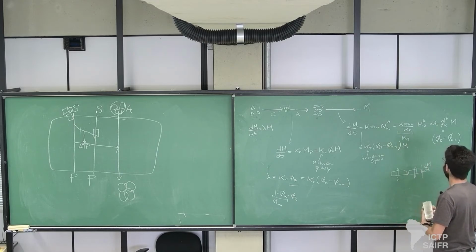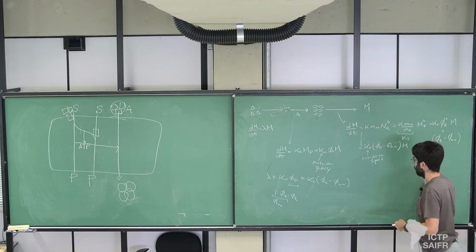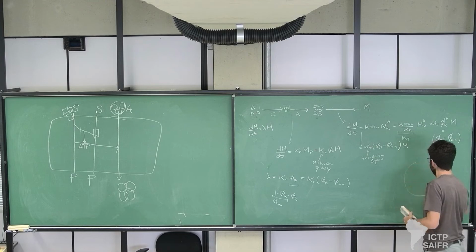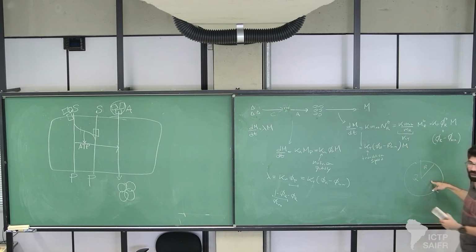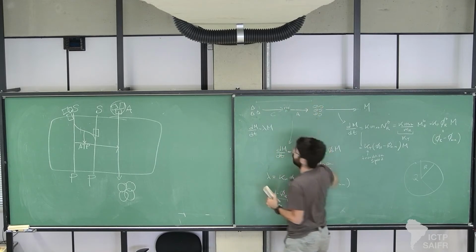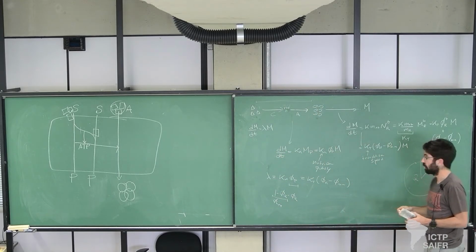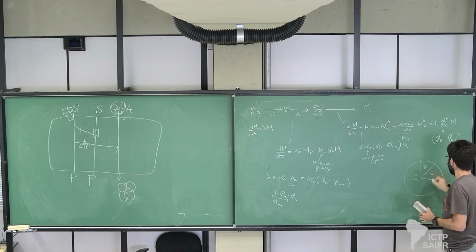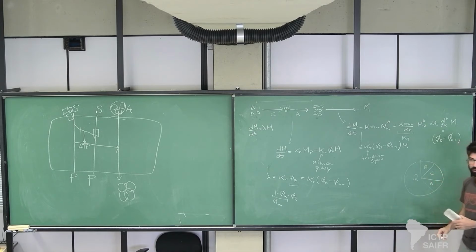So here we had the pie chart where we had Q, we have R, and we have the sector P. And now what we do is that we split the sector P, which was this, in two parts. We split it in the catabolic sector and the anabolic sector.